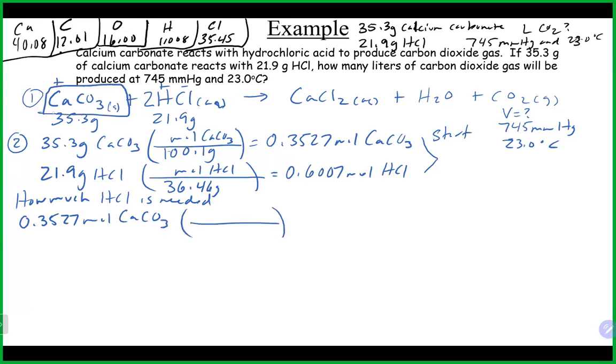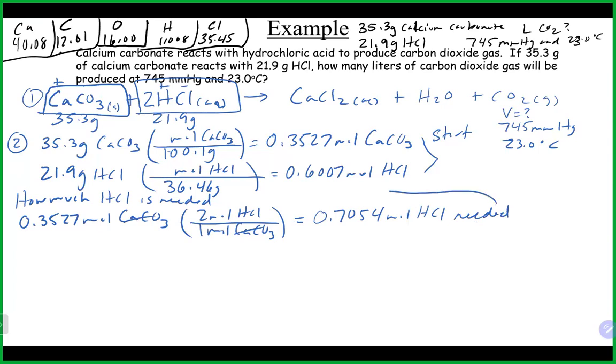So that is a 1 to 2 relationship. In this case, 1 mole of calcium carbonate will give me 2 moles of HCl. And that will tell me that I need 0.7054 moles of HCl.